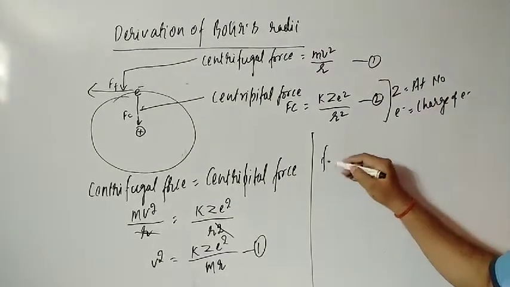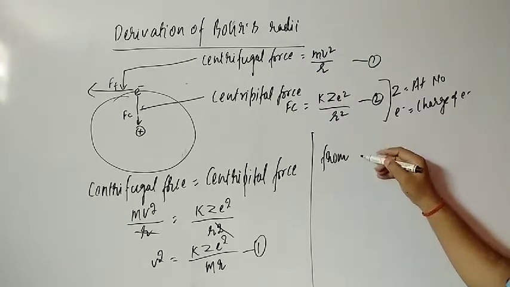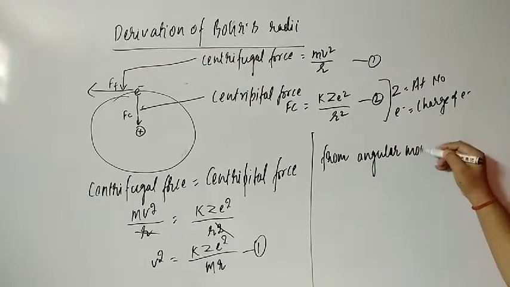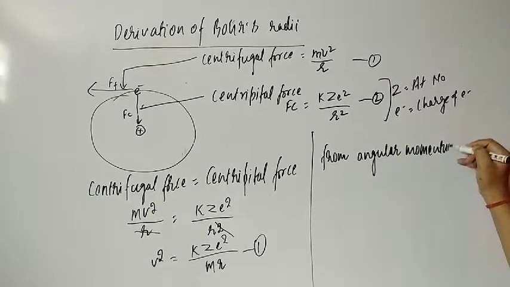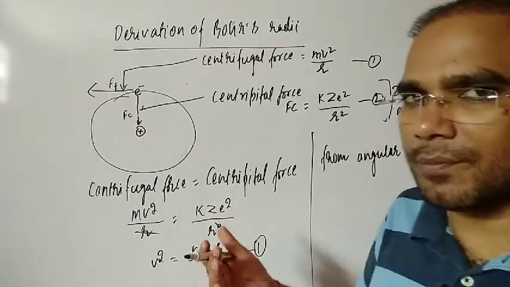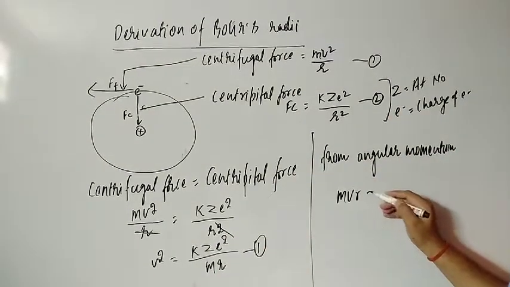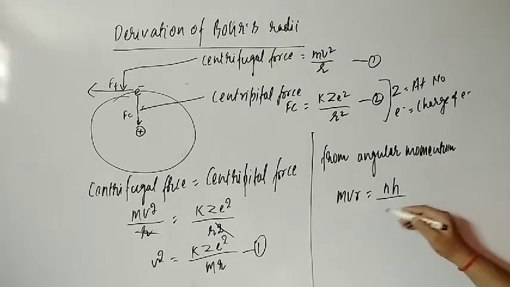Now from angular momentum, Bohr said that the electron will move only in those orbits which have angular momentum nh by 2 pi. So mvr is equal to nh by 2 pi.